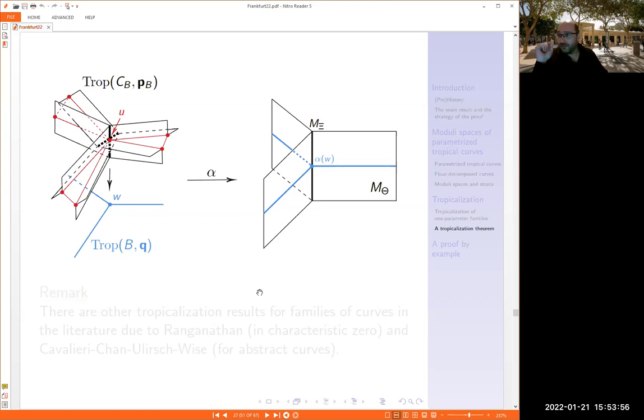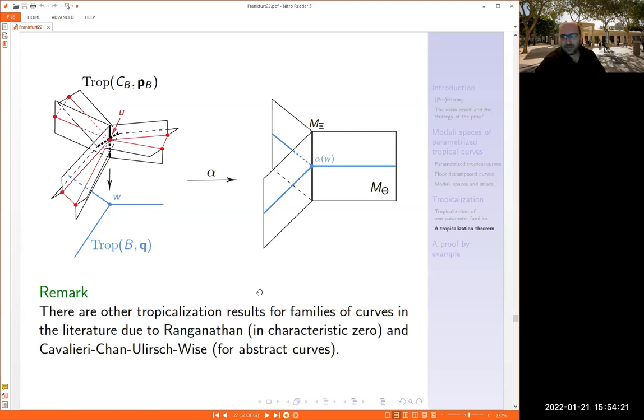You can choose the one you want to proceed to. So in other words, there will be points in the base of my family, fibers over which will belong to M theta for given theta. Okay, so this is the game that we are going to play in the proof of the main result.